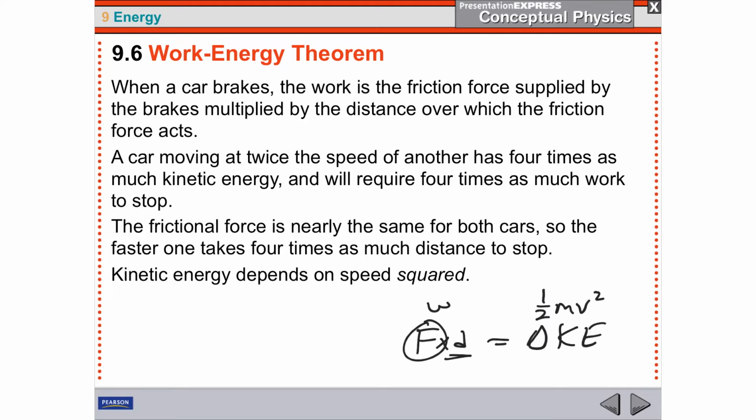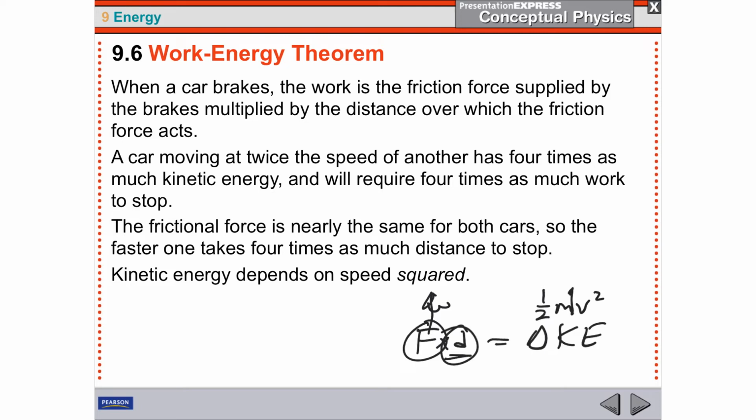So the work done is proportional to the square of the velocity. If I change my speed from 5 meters per second down to 4 meters per second, 5 times 5 is 25, 4 times 4 is 16. That's a substantial change as it's going down from 5 to 4.